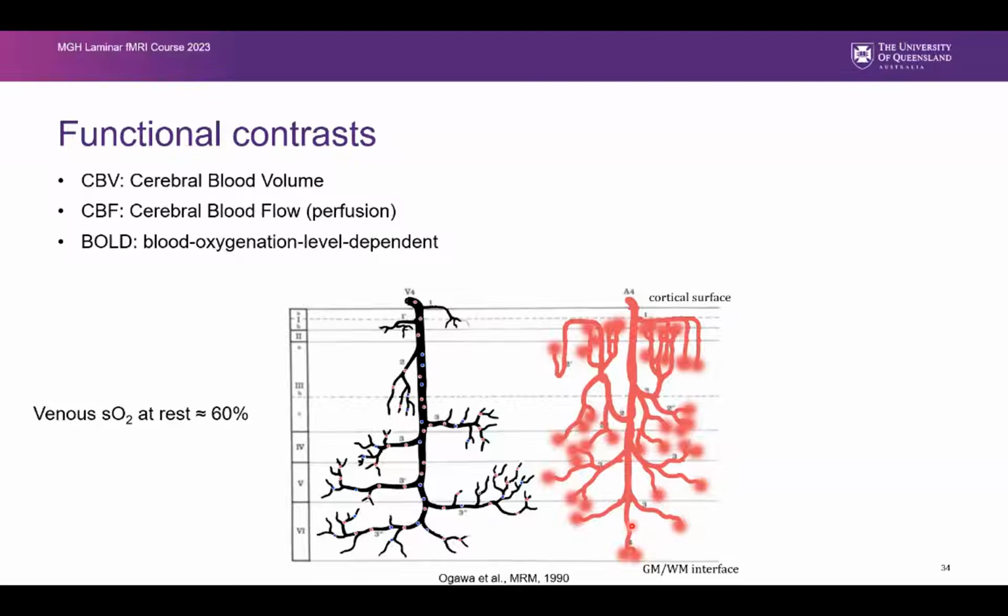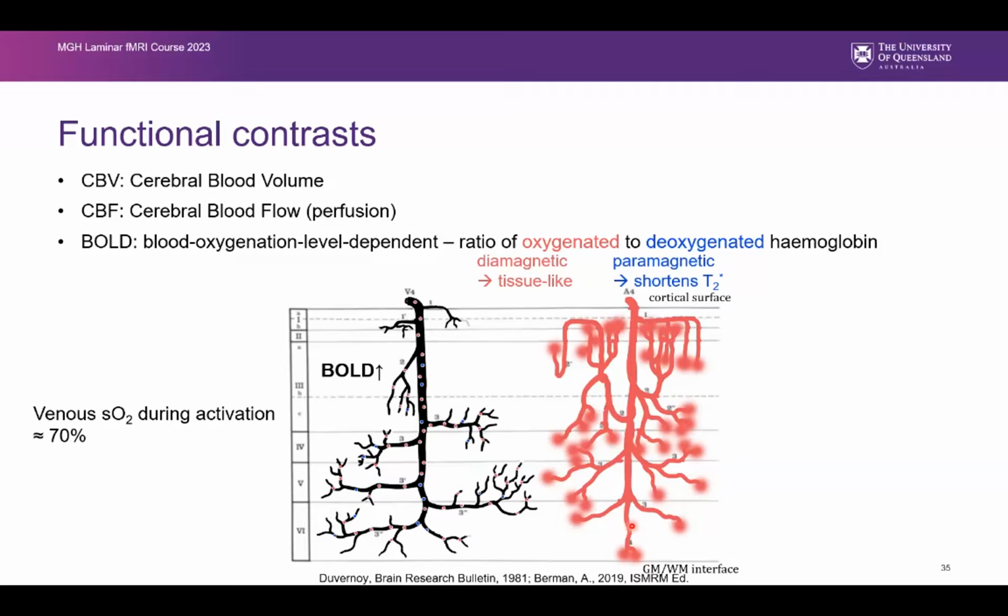However, if you look at the venous oxygen saturation during activation, it actually goes up. So what we see is that the neurovascular response to neural activity is kind of overcompensating. So we're not observing more oxygen being taken out of the bloodstream, we actually see more blood being delivered to the tissue.